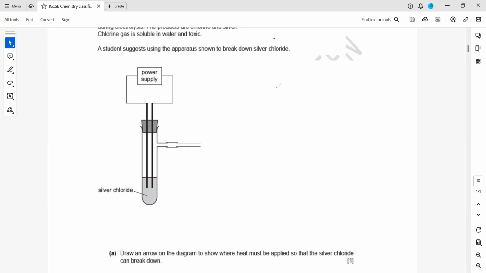So draw an arrow. That's right. Good. So here we should supply heat energy from the bottom of this test tube so we can break down.